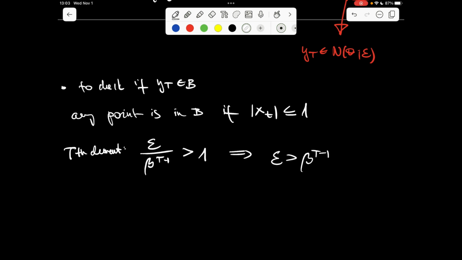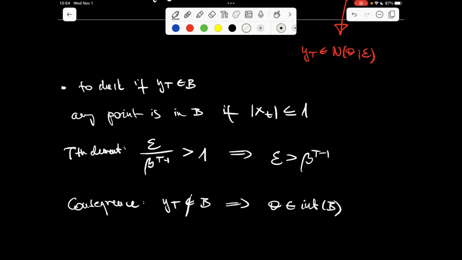So for any epsilon, this element of yt is greater than 1. So, in consequence, yt is not in B. Hence, theta is not an interior point of set B.